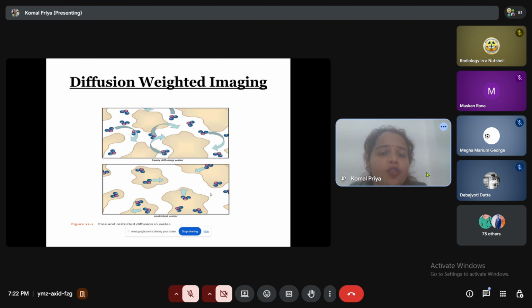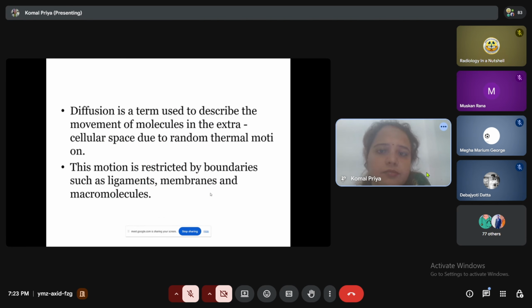So in the areas where the molecules are restricted, ADC will be lower, and in the areas where the molecules are moving fast, in free diffusion, the ADC will be higher. In order to sensitize this, we apply gradients on either side of it to see the difference. So we have discussed this.